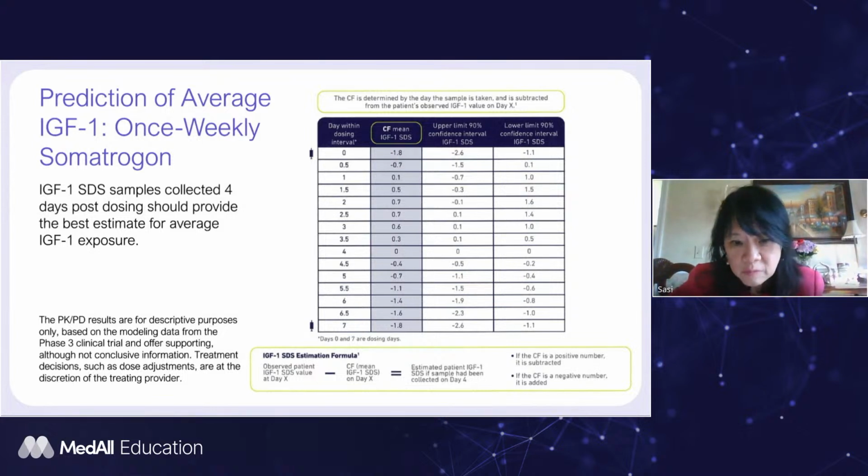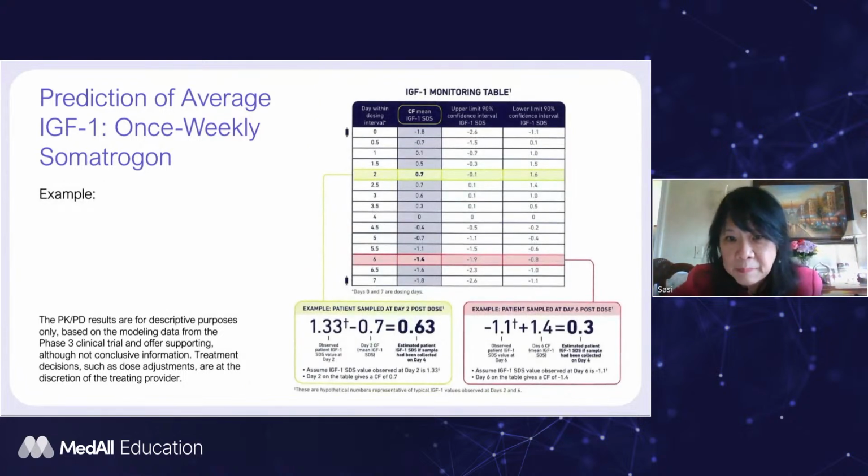the measured IGF-1 level. And this is an example that you can see, IGF-1 is drawn on day 2, and so we need to subtract by 0.7. So this is the SDS number, and subtract 0.7, then you get 0.63, which is normal. So that will give you a normal IGF-1 SDS.